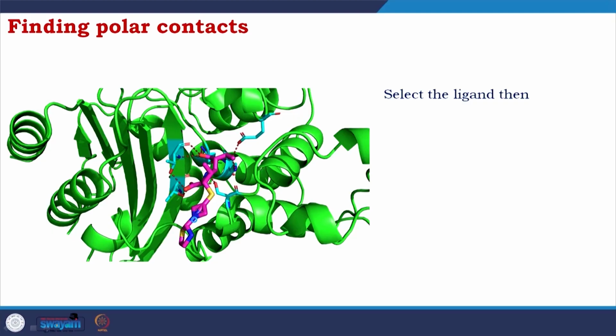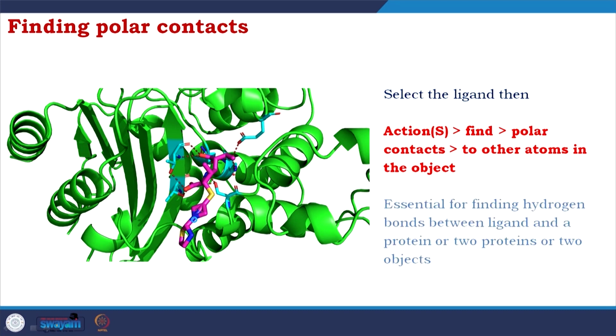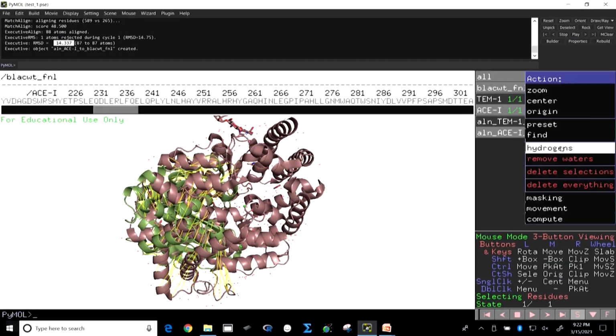First you have to select the ligand with which you want to see the interactions, then go to action, find polar contacts to other atoms in the object, and it is essential for finding hydrogen bonds between a ligand and a protein, between two proteins, or between two objects. So, let us see the Pymol demonstration of finding polar contacts.